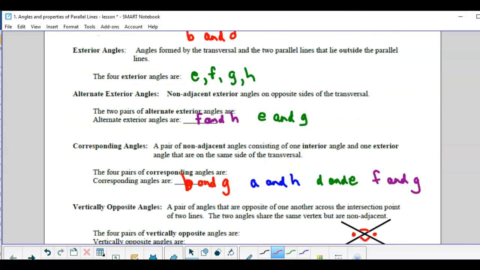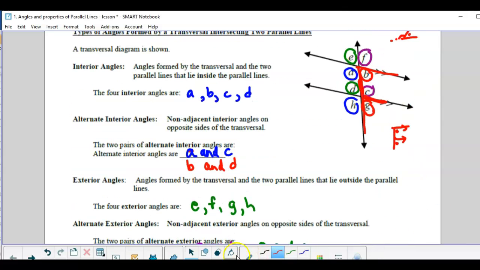In our diagram, I'll erase this so it makes it easier to see. There's 4 pairs. So we have E and B, we have A and F, then in the other parallel line C and H, and then we have D and G. They go across, and they end up being equal to each other.